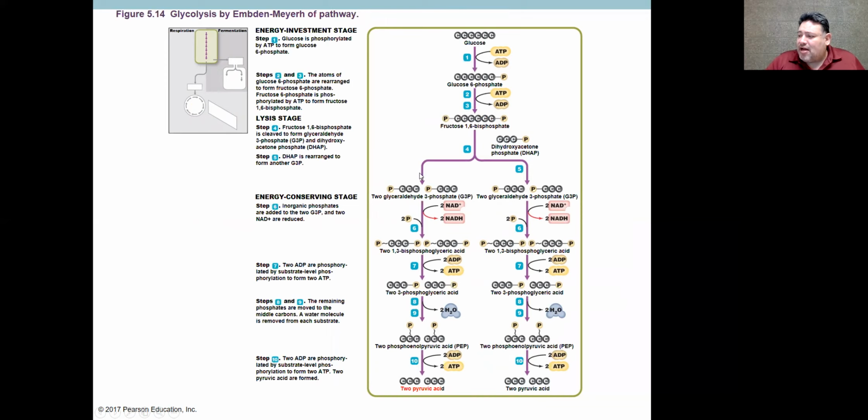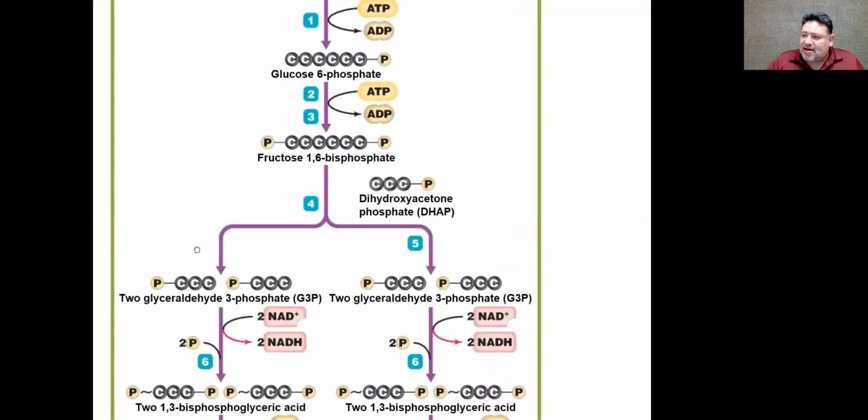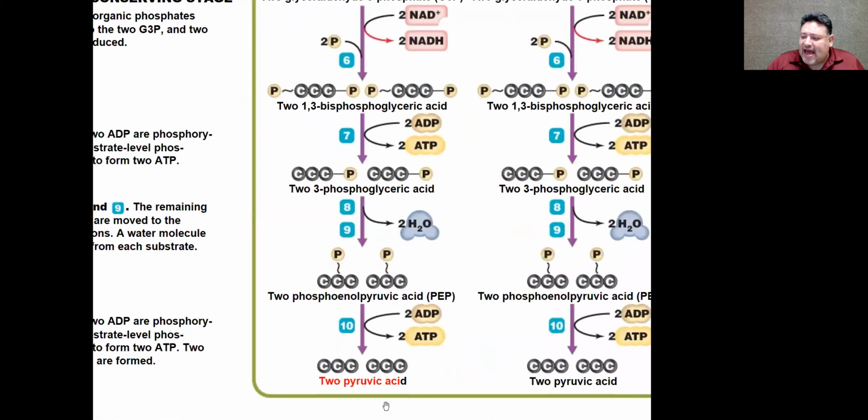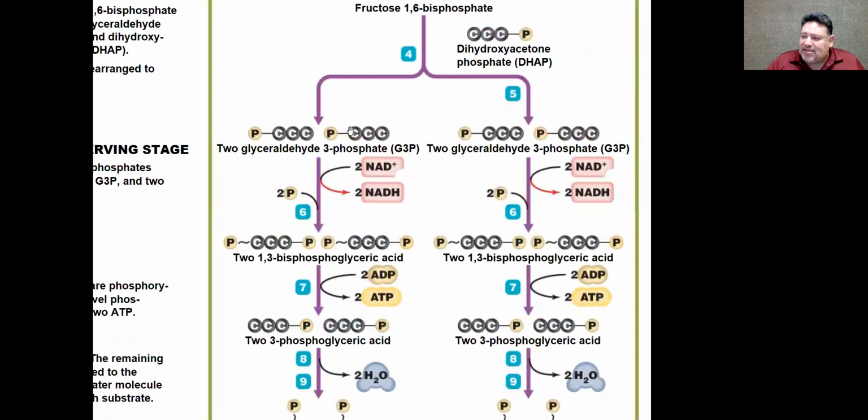We break it apart, and oh, look what happens here. We need NAD because we harvest high energy electrons as NADH. So if this glycolytic pathway is going to go from glucose all the way to pyruvic acid, it needs to make it through here, and in order to make it through here, we need NAD. If we don't have NAD, we're not going to go forward.